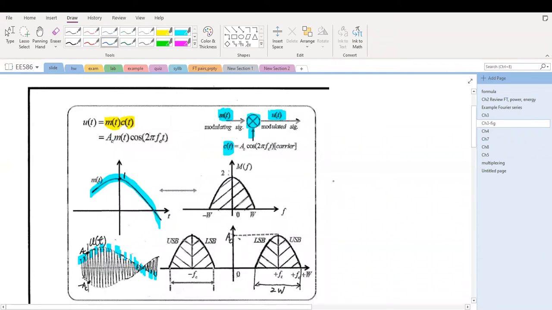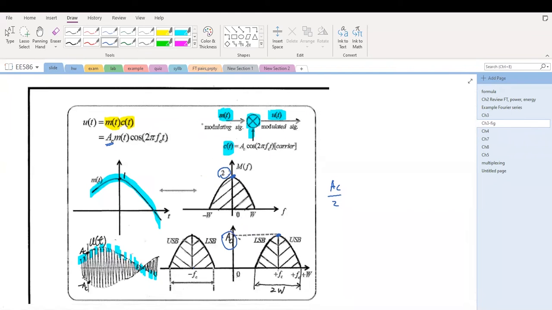The magnitude is scaled by half Ac. For example, at this point, M(f) has magnitude 2 and Ac is here and half Ac. So therefore, after shifting to fc and minus fc, the magnitude here becomes Ac.